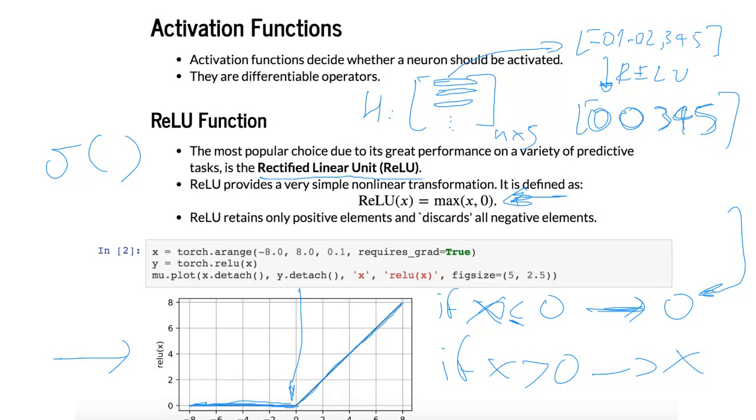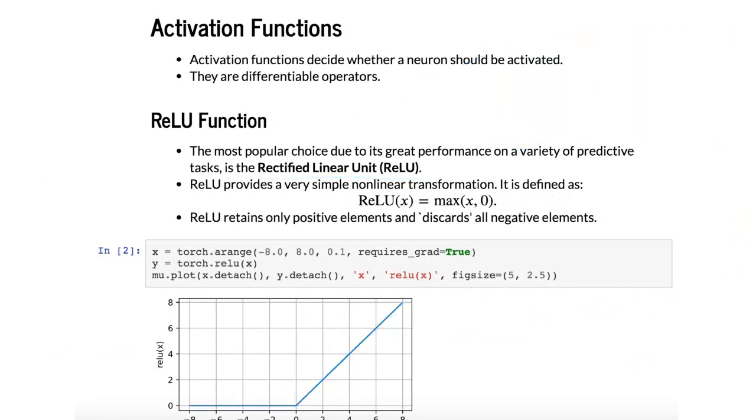So actually, there is another version of the ReLU that doesn't set the values to 0. So maybe there is a small, tiny slope here. Okay.